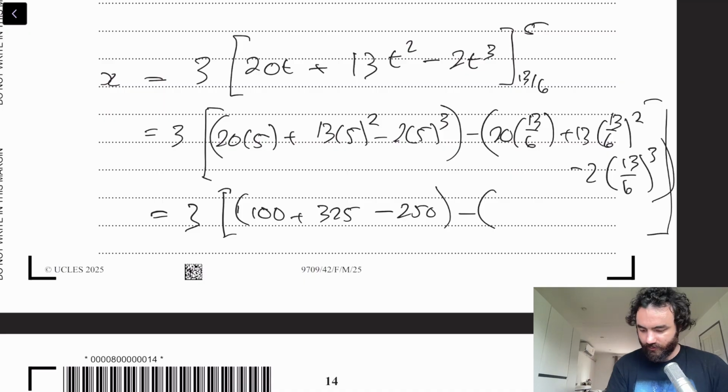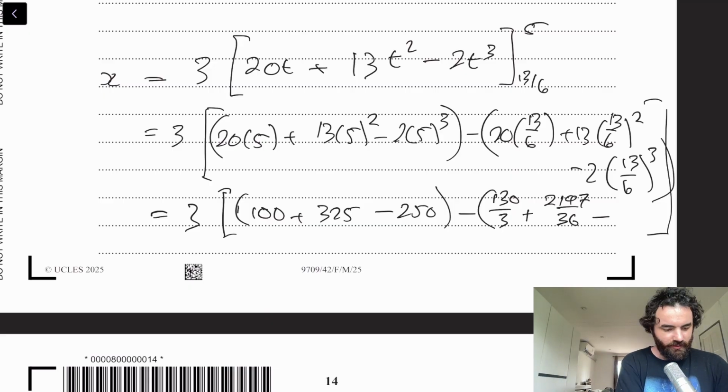I'm just going to keep these in fractions. 130 over 3 plus 13 over 6 squared times 13. Whoa, 2197 over 36 minus 13 over 6 to the power of 3. It's going to be a big number. Times 2. This is 2197 over 108. Okay, so what is this thing?